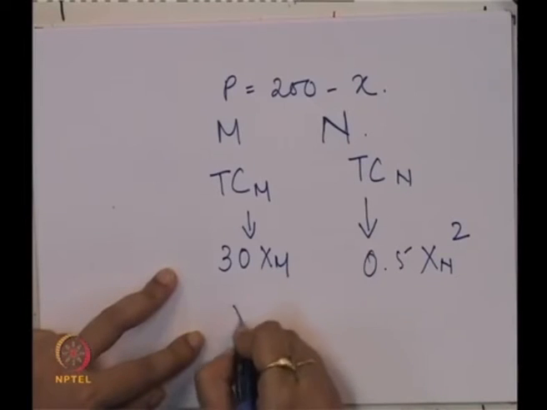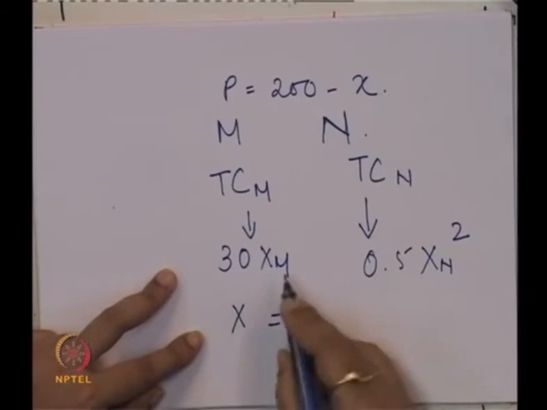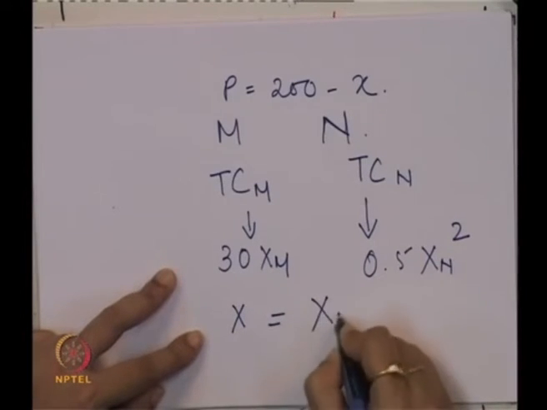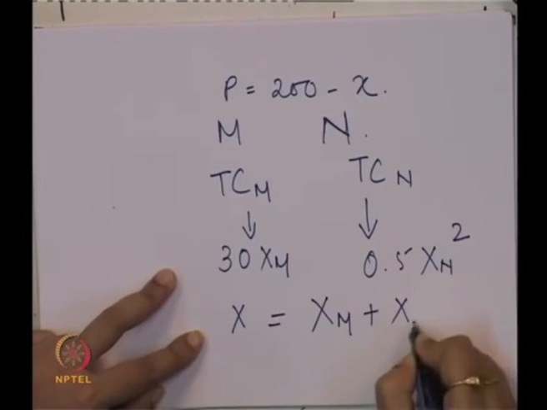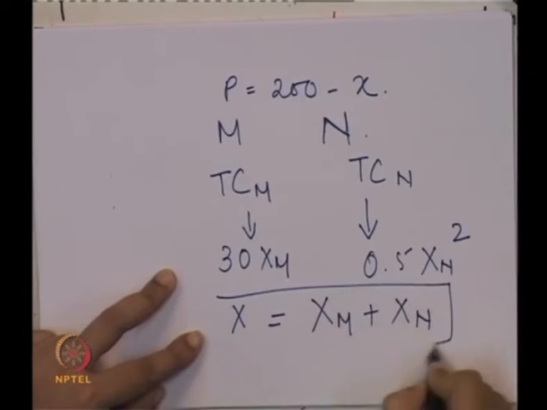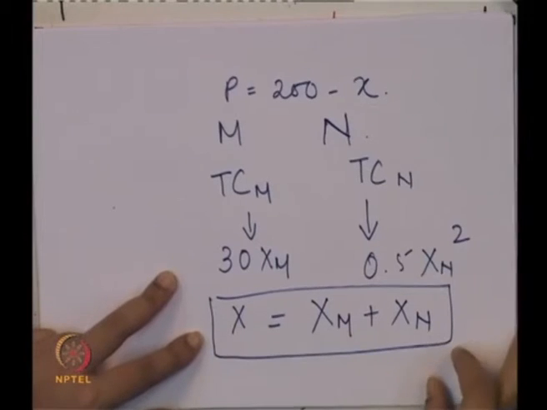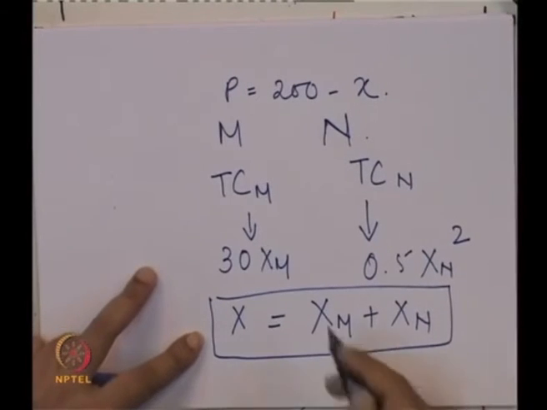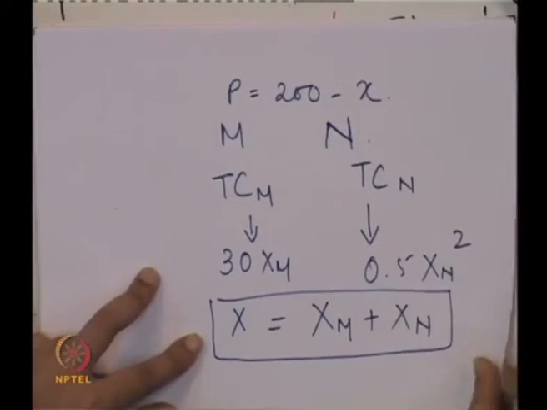Now, x is the output, which is equal to xM plus xN, because the output comes from both plants. We will find out what output to produce, what the amount of x is, and what the revenue and profit are.